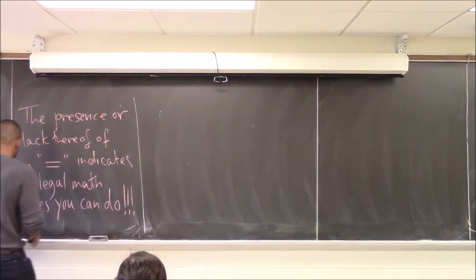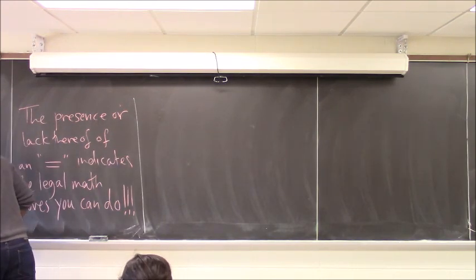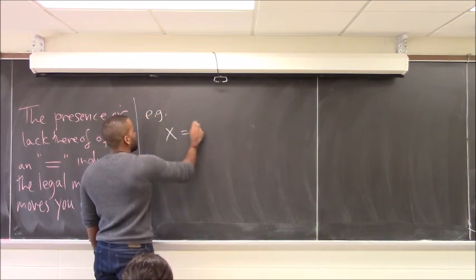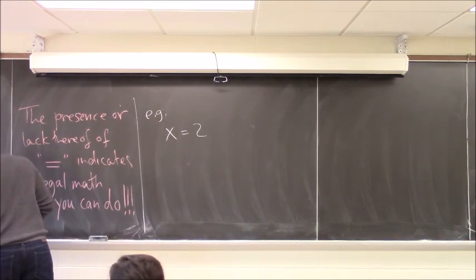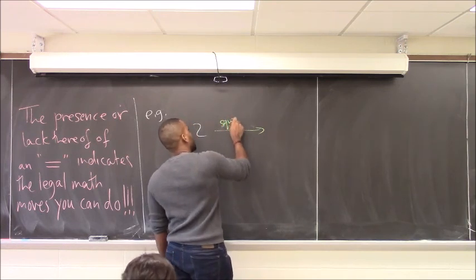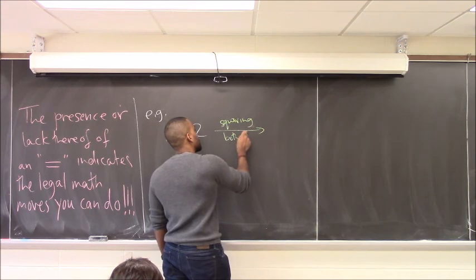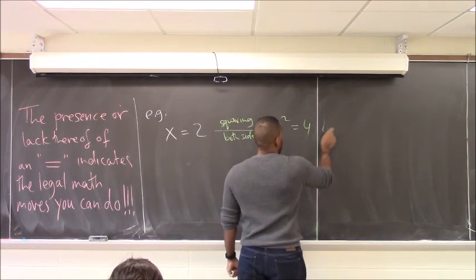I'm actually going to go back to us solving equations. So for example, if you see x equals 2, then doing something like squaring everything to get x squared equals 4 is legal.